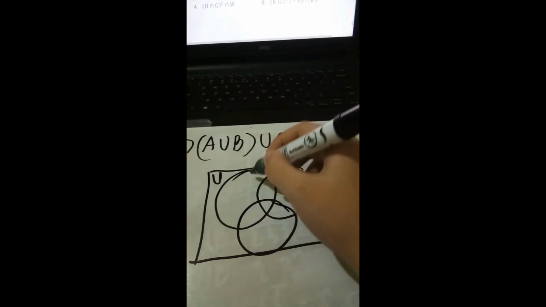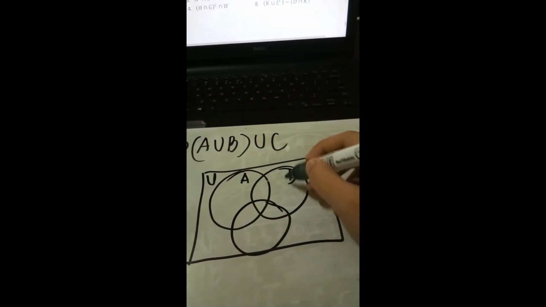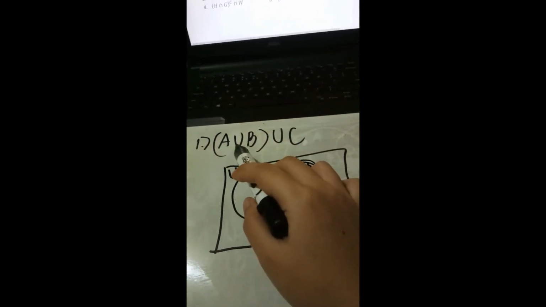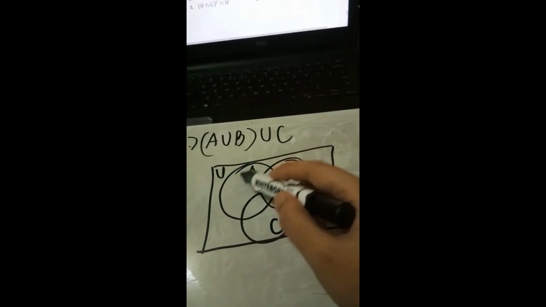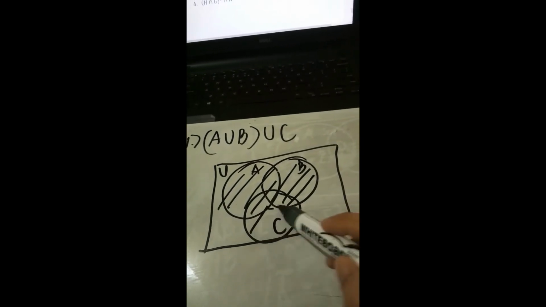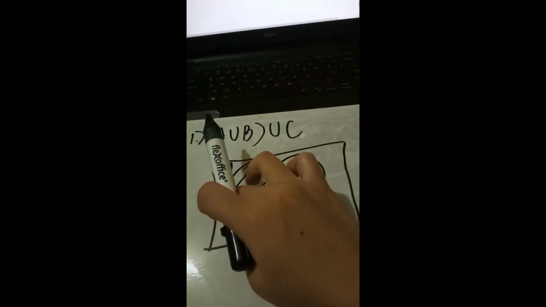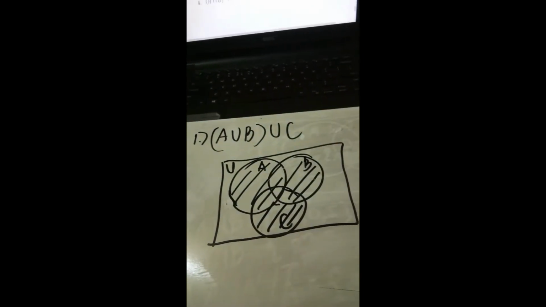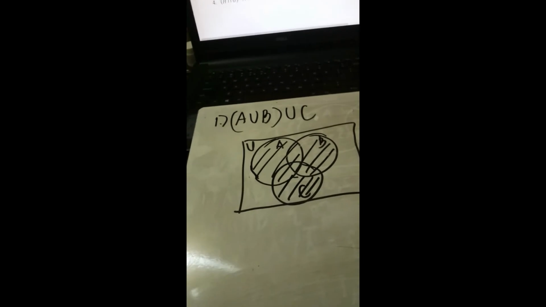This is your universal set. Where will you get your answers if you're going to combine A, B, and C? Diba? Yung buong circle. Lahat yan except the ones outside. So, that is the shaded part of your A union B union C.